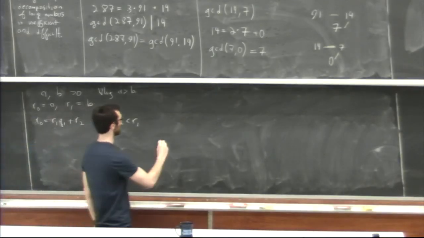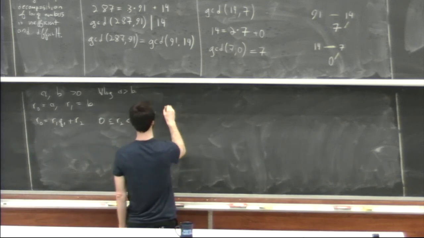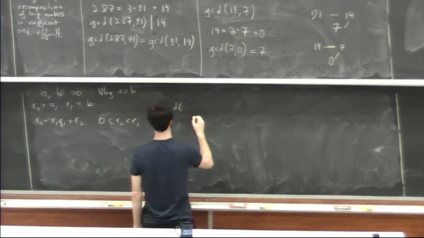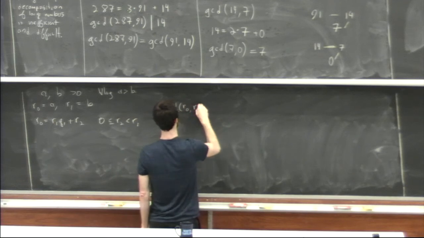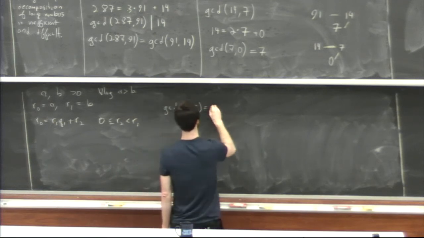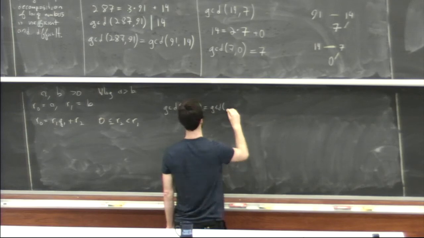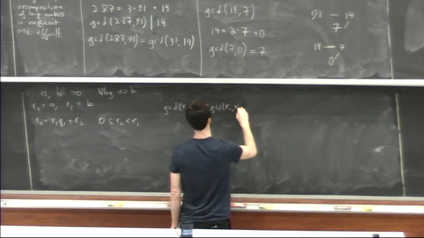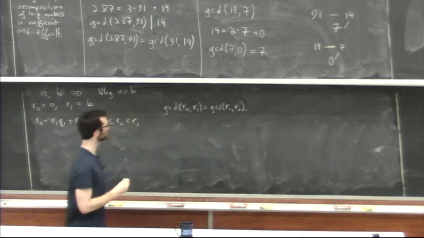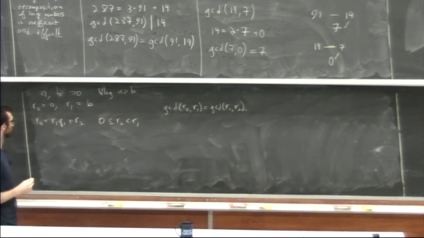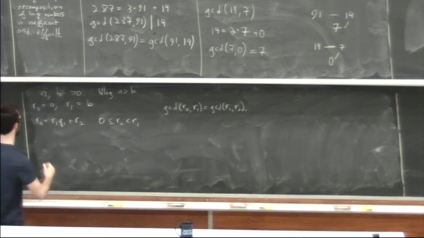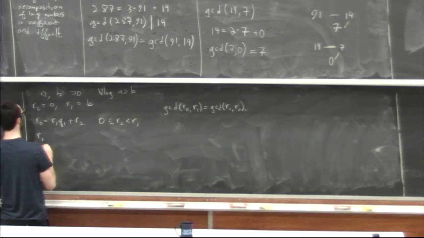So now I write the following, that the GCD of R0 and R1 is equal to the GCD of R1 and R2. Okay? Now I repeat this step. Now I start over with R1.